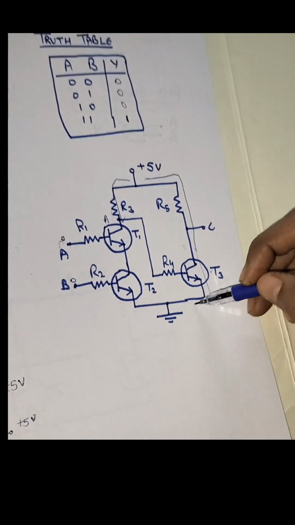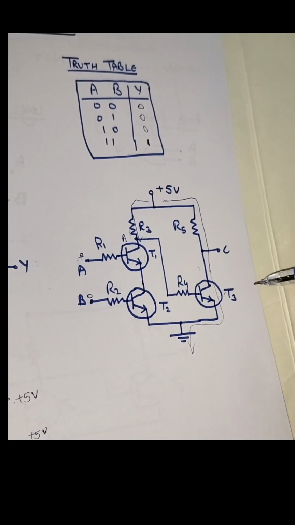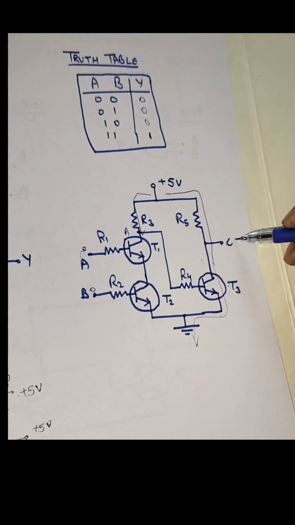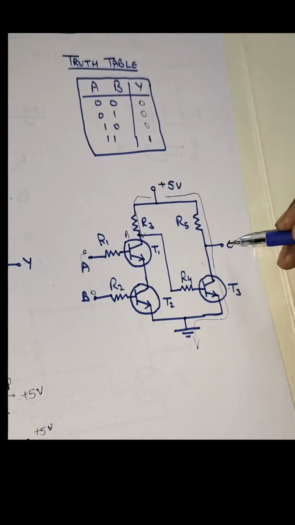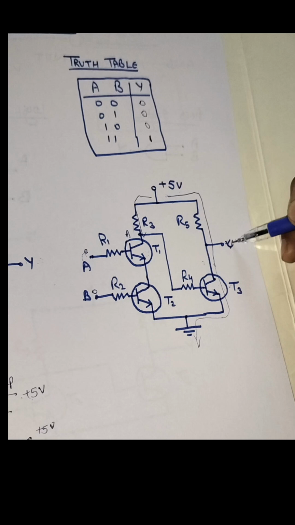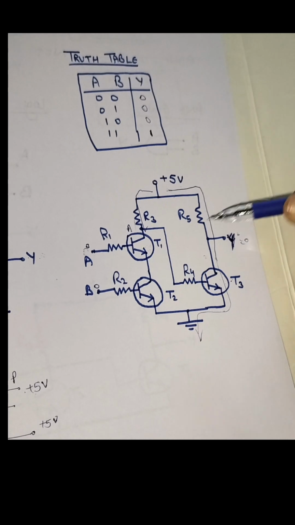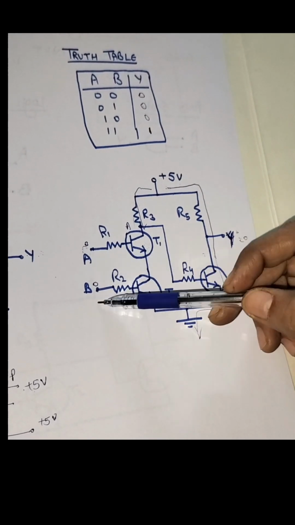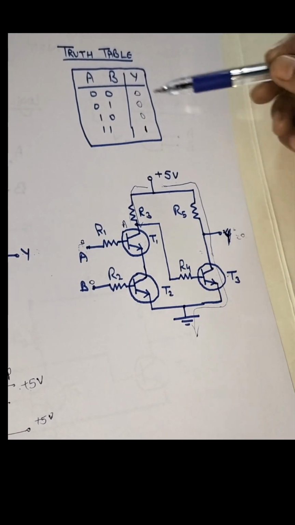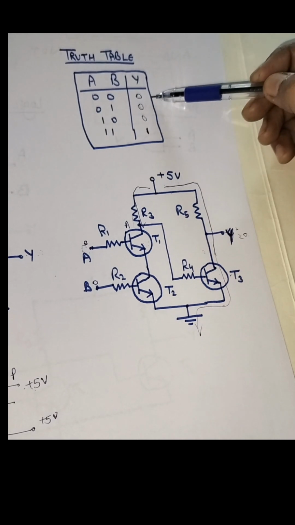So current will pass through it towards a ground terminal, and there will be no output at this point C. We can also name it as Y, as we have mentioned in our truth table. So at this time Y will be equal to 0 only. So we applied 0, 0 at the input and we are getting 0 at the output. So this verifies our truth table.